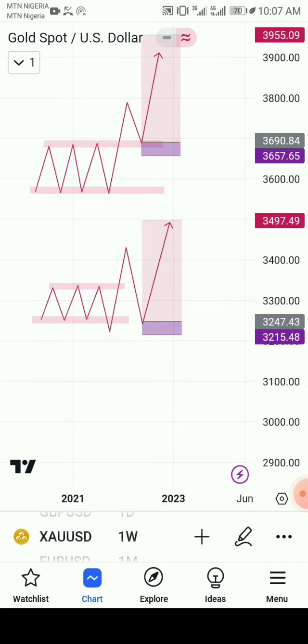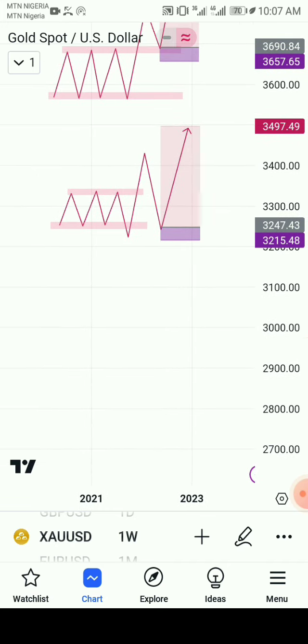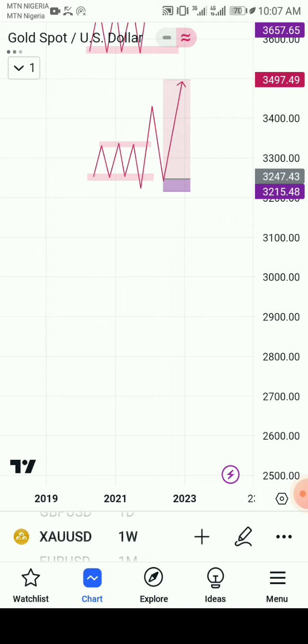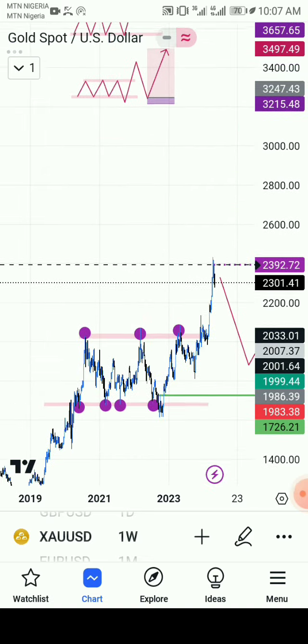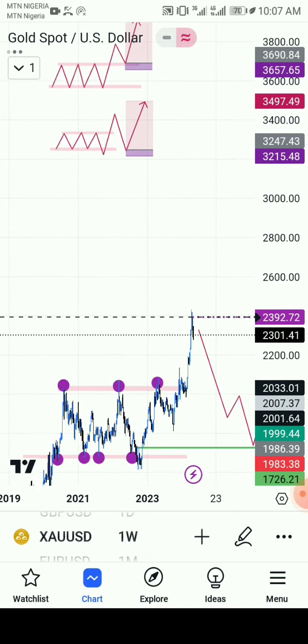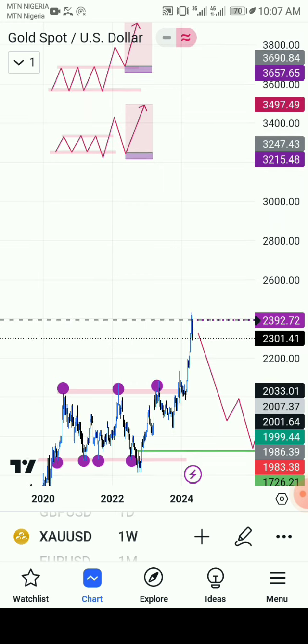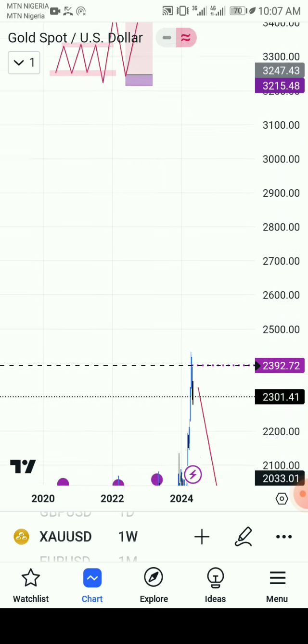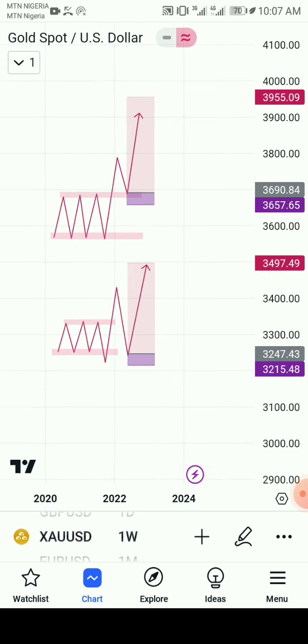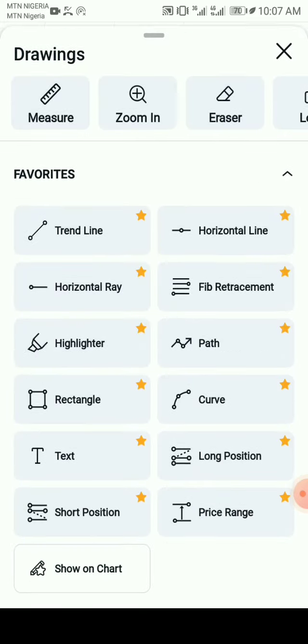Okay, now let me show you what's happening on gold. Which scenario is this? Now, okay, let's name this one scenario 1.